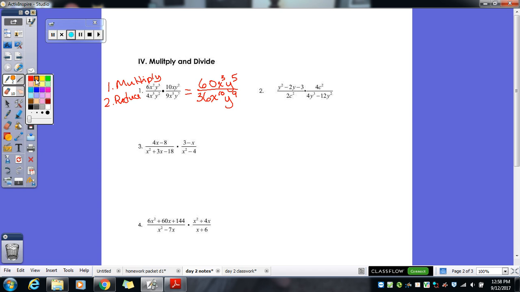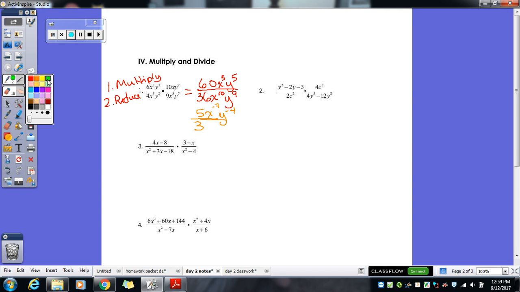Larger number than 6? 12. So 60 divided by 12 is 5. 36 divided by 12 is 3. So now we subtract our exponents, so we get x to the negative 7th and y to the negative 4th.